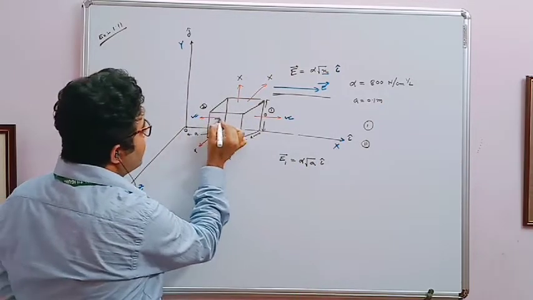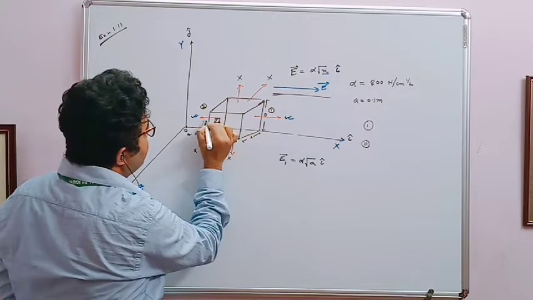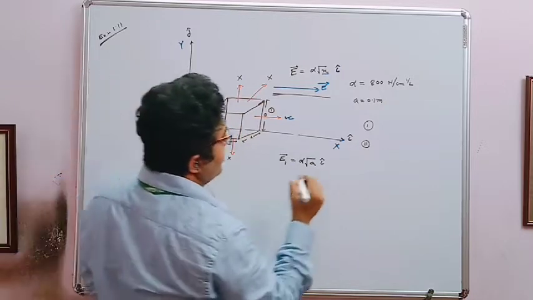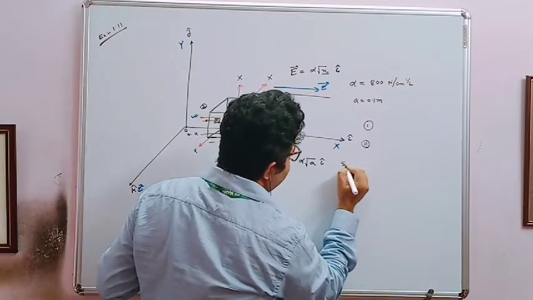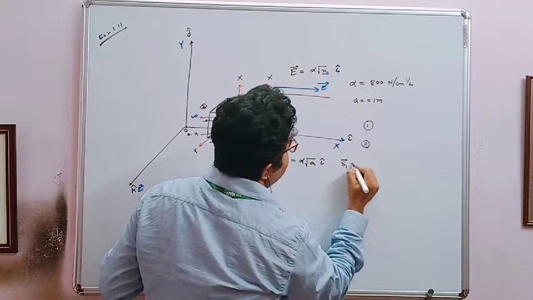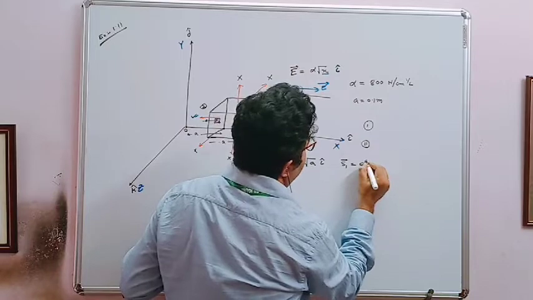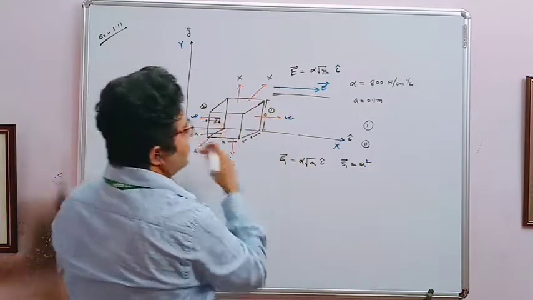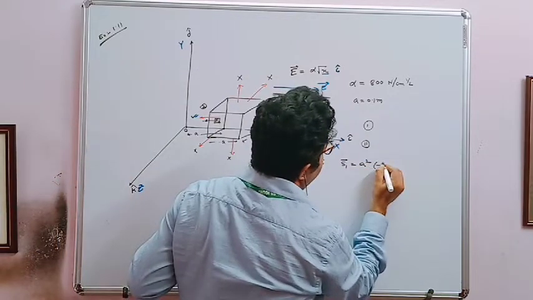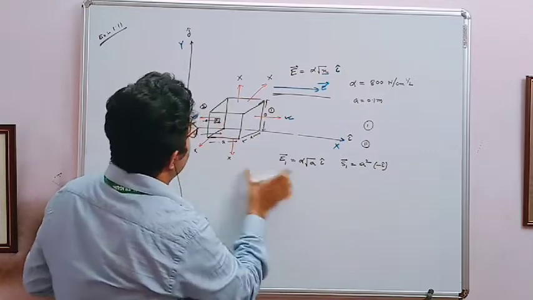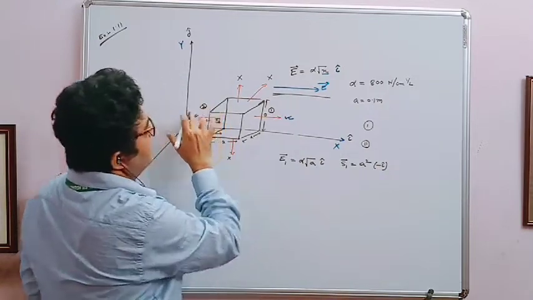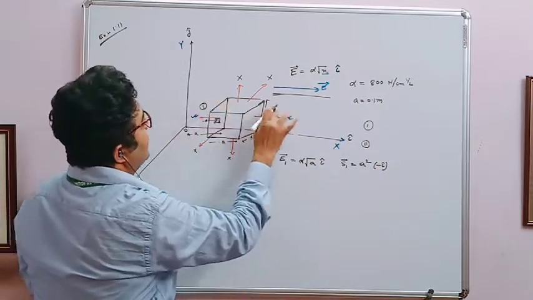Now the area vector of this one is in this direction. Let it be dS1, the area is a square, so a squared, and the direction is minus i. Suppose this one is 1 and this one is 2.